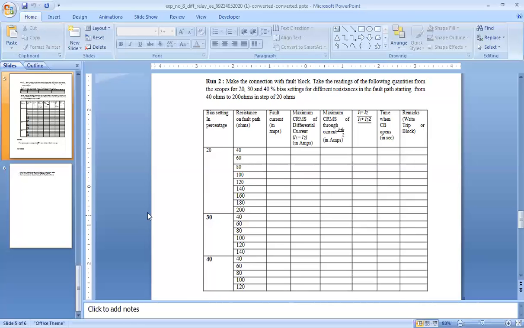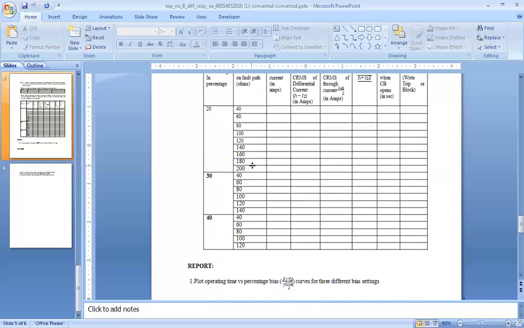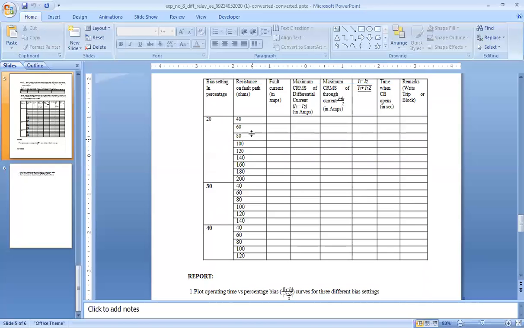So we have to take the readings for the different fault resistances. For 20% it is 40 to 200, for 30% setting 40 to 140, for 40% setting it is from 40 ohm to 120.